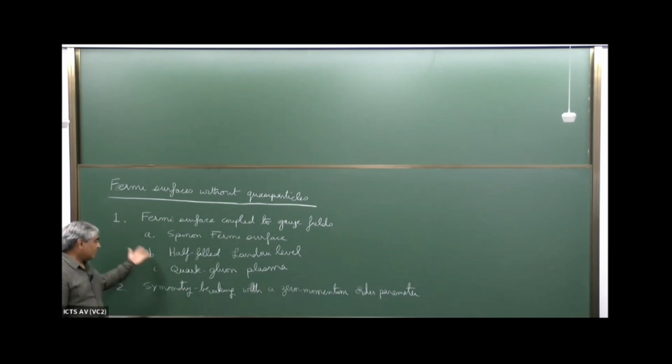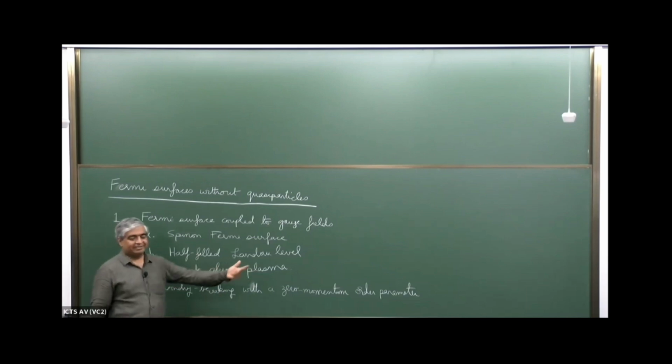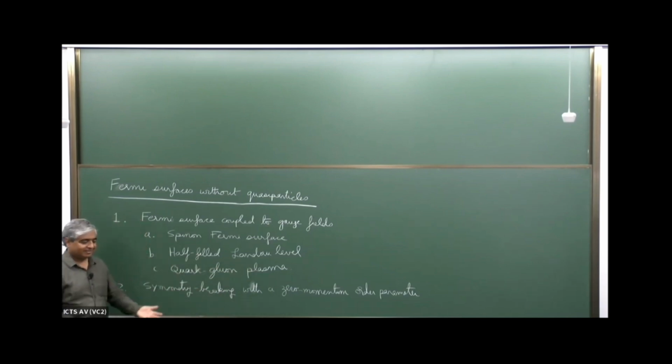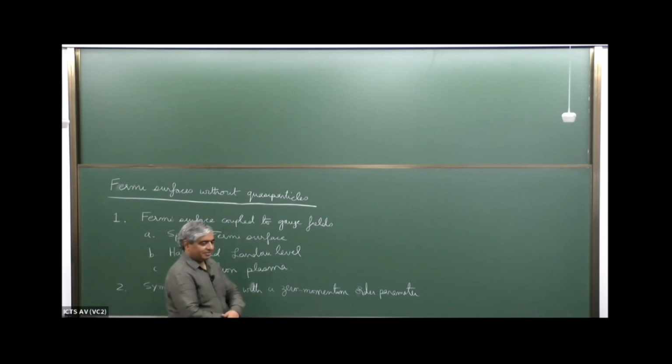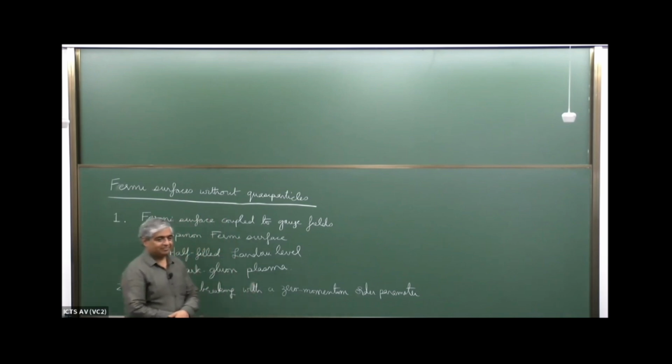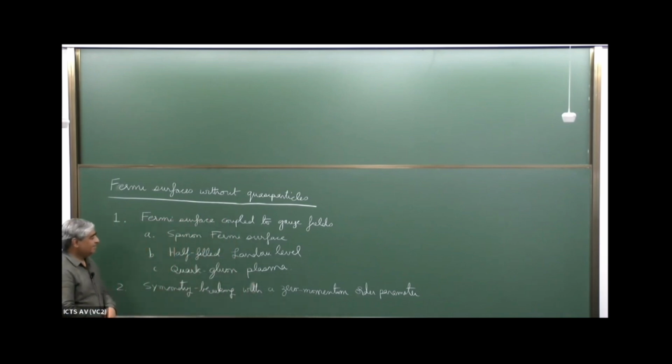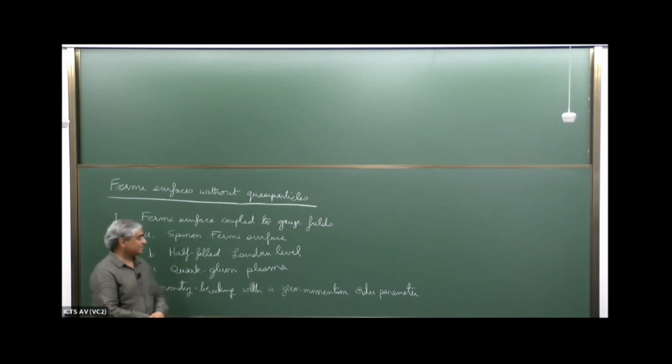Another problem that I haven't mentioned, also of great importance, is the quark-gluon plasma that's studied at relativistic heavy ion colliders, Brookhaven and CERN. There you have a collection of quarks, which because of their high density and the high energies are deconfined. And then they form a Fermi surface since there's a finite density of quarks.